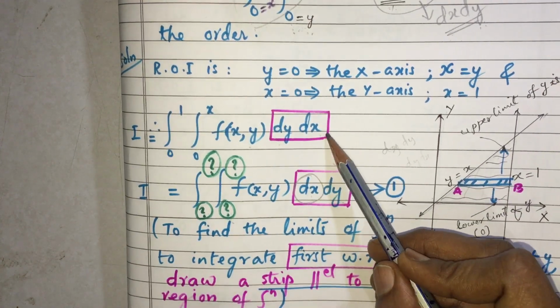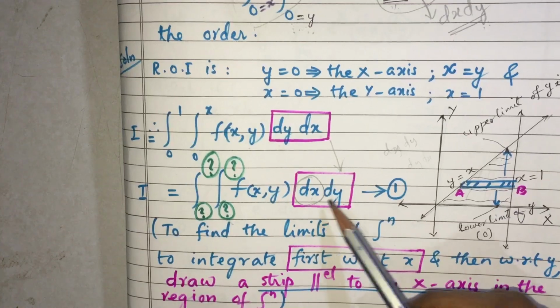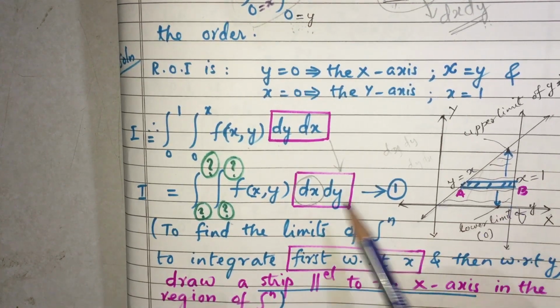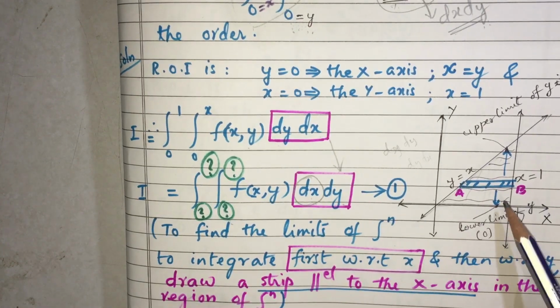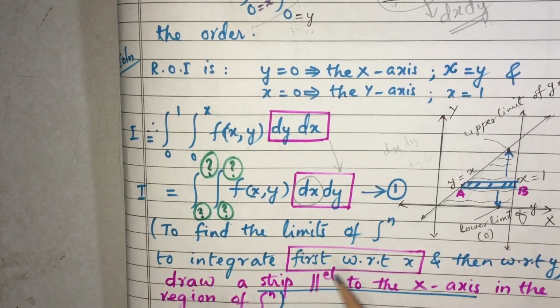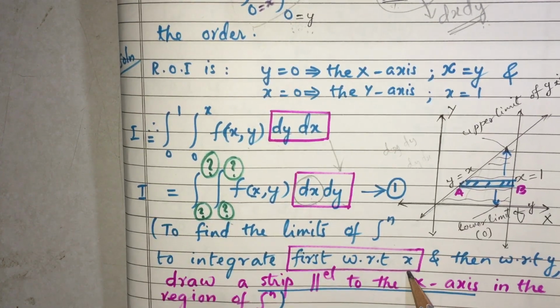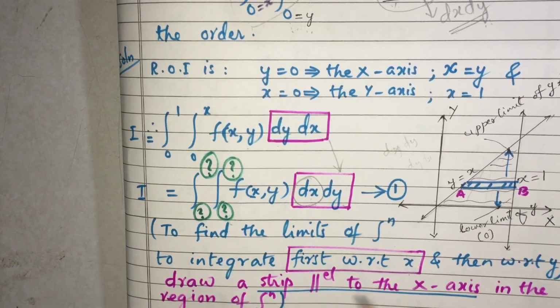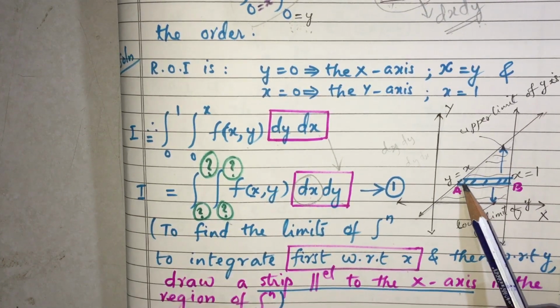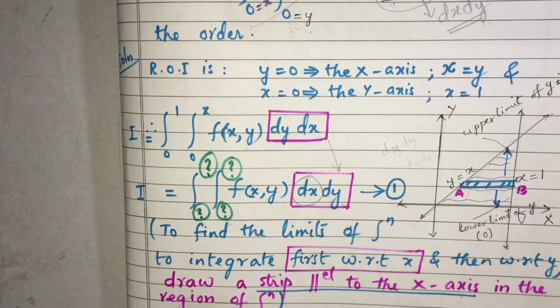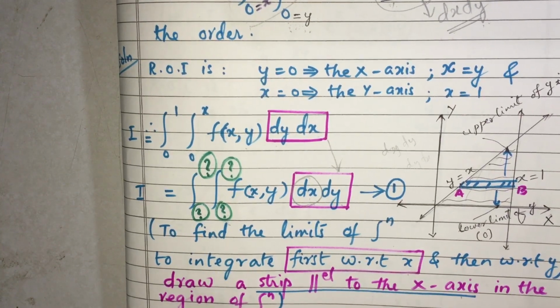So here, changing dy dx to dx dy, to get the limits of integration, draw a strip parallel to the x-axis. This strip we are drawing to find the limits of x and y.